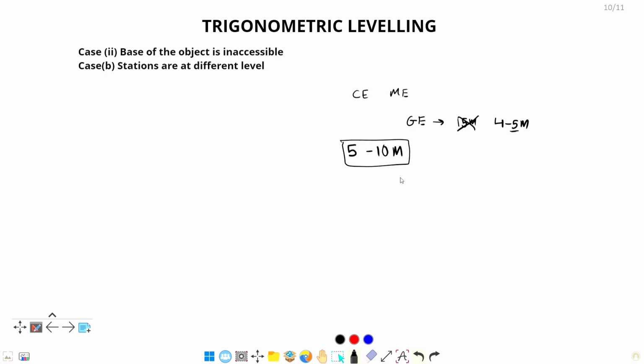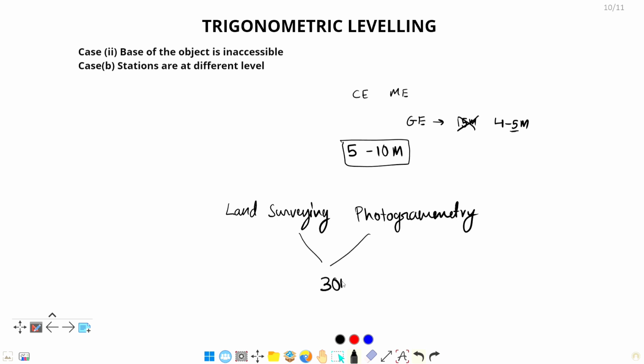But if you compare with other subjects like land surveying, which is going on, and photogrammetry, these both will combine to at least 30 marks. I am saying minimum 30 marks you are going to get from these two subjects only.